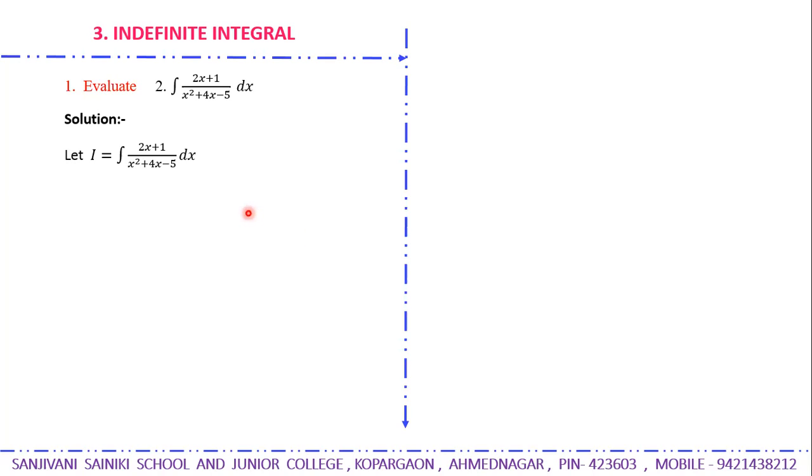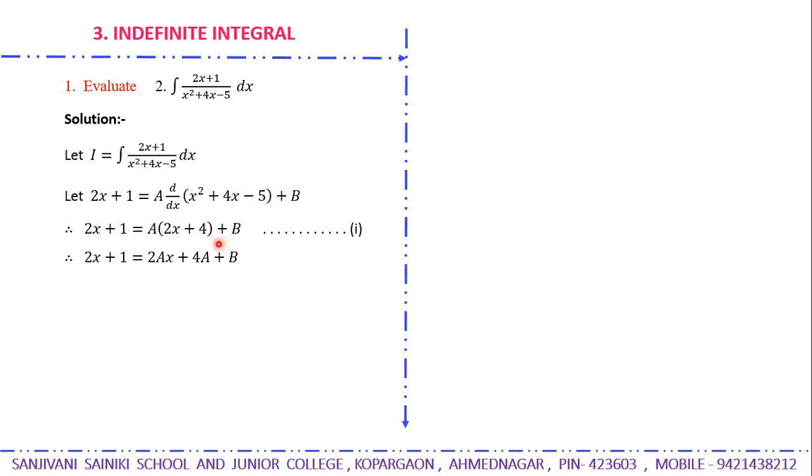The next example is (2x + 1) upon (x² + 4x minus 5). Express the numerator as a into d by dx of the denominator plus b. So 2x + 1 is a times (2x + 4) plus b. So 2x + 1 is equal to 2ax + 4a + b.